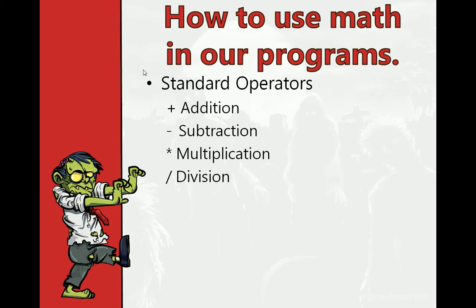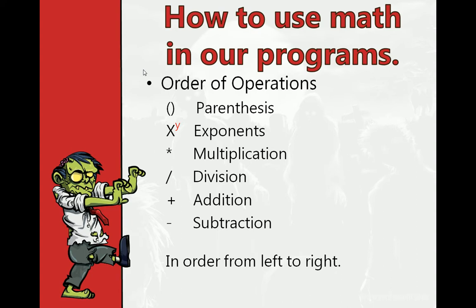The order of operations, just to review a little bit of math, is very important, the way in which we do things. We do things in order from left to right, and in this order here. So we have parentheses. Anything in parentheses is executed first. We have exponents.